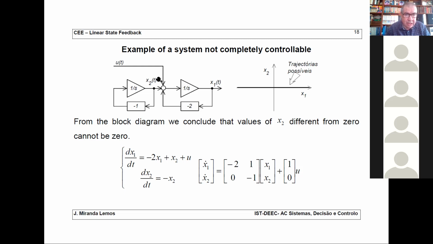But actually it is possible to show that you can attain any value for x1 in this simple case. So the set of values for x1 that you can attain is just the x1 axis. If you want to go to 2, 2, it's impossible because you can't take x2 away from the origin.